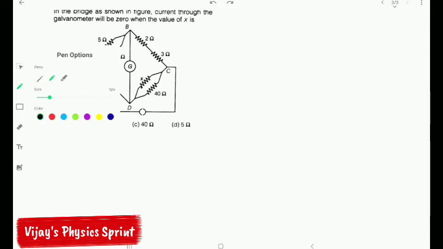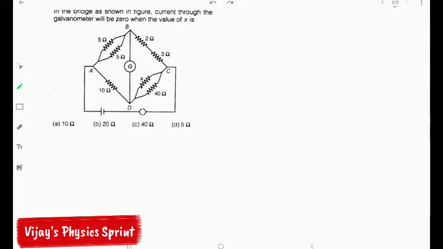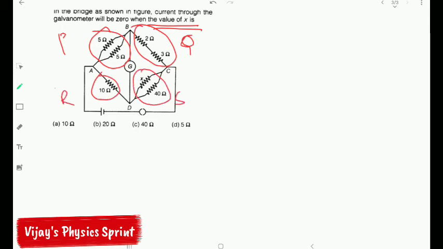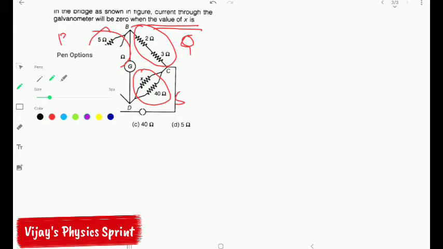And how will questions be asked in entrance exams? See, this is one model question, and this is the Wheatstone bridge shown in the figure. Current through the galvanometer will be 0, so it is said to be balanced, and we have to calculate the value of X. See this diagram: this total is resistance P, this total is resistance Q, this is R, and this is S. So what is the value of P?